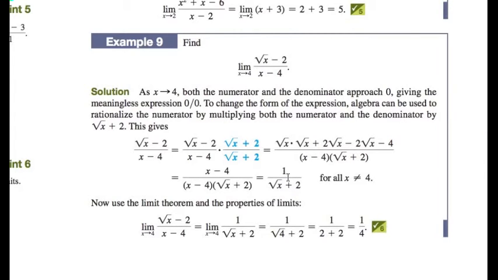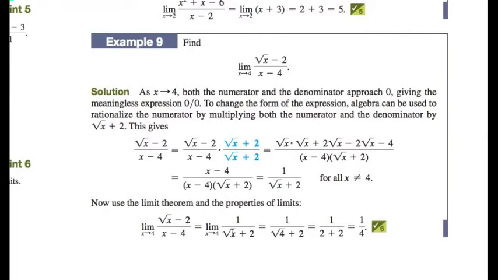So that's what we have to find the limit of. We find the limit of 1 over the square root of x plus 2 as x approaches 4. That's what we're really finding after we rationalize our numerator and then simplify or reduce the rational expression.